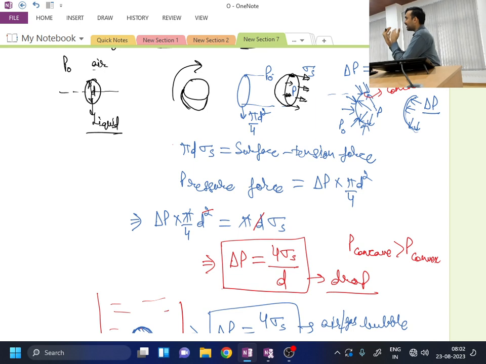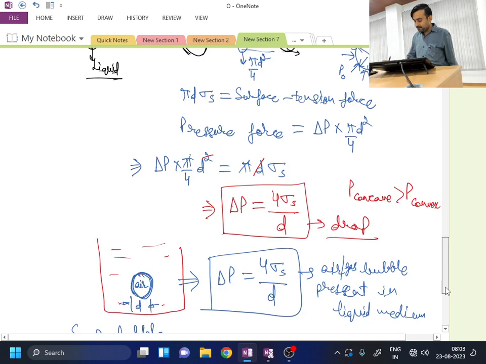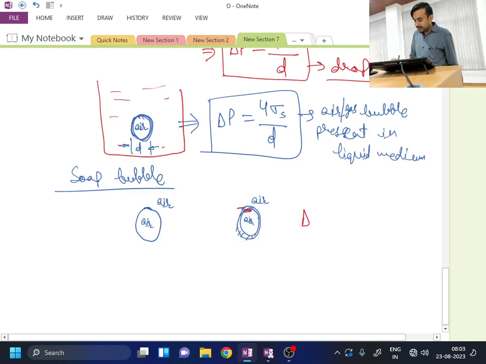Whatever is the diameter of the inside of the bubble, the same is the diameter of the outside of the bubble. Considering that, I have 2 interfaces. So that's why delta P becomes 8 sigma s by d.